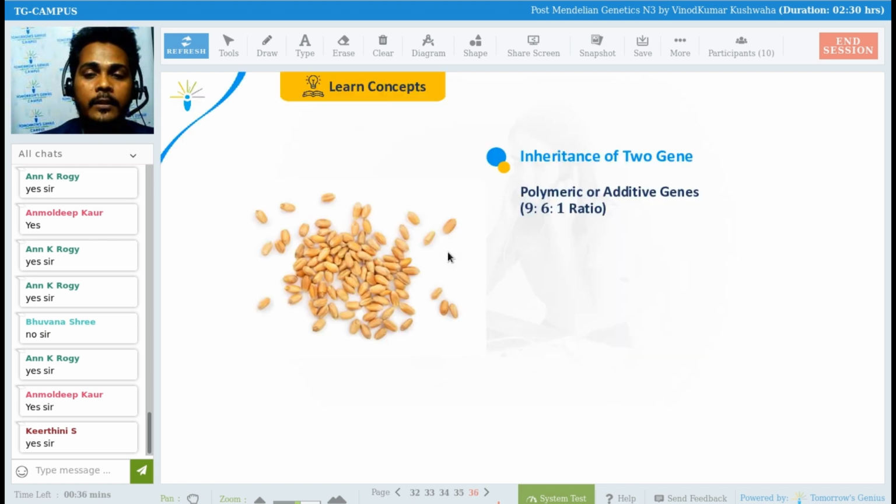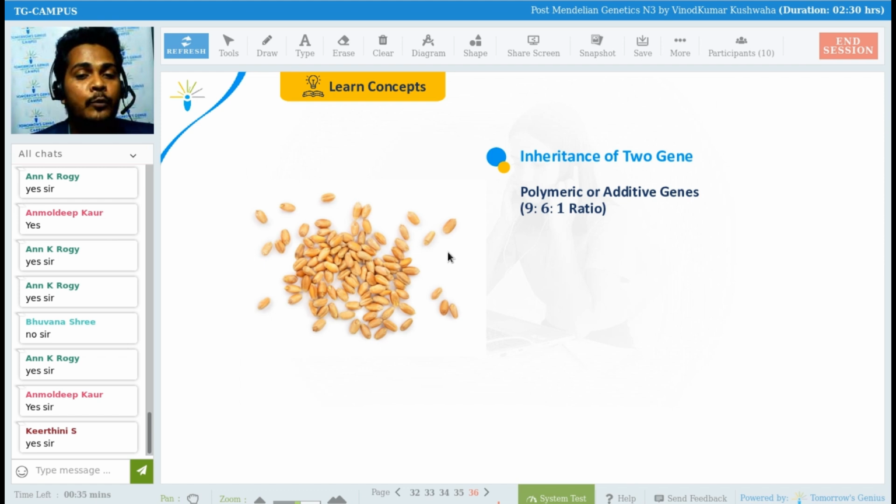Another one is called the polymeric or additive gene, with a 9 is to 6 is to 1 ratio. Now what is this polymeric gene? Polymeric, or it is called additive. Additive means additions, right? Two independent dominant genes, whether present in the homozygous or heterozygous condition, have a similar phenotypic effect when present individually, but produce a cumulative, or double, effect when found together.